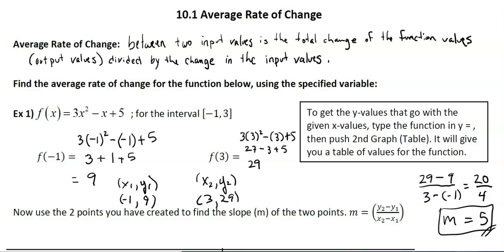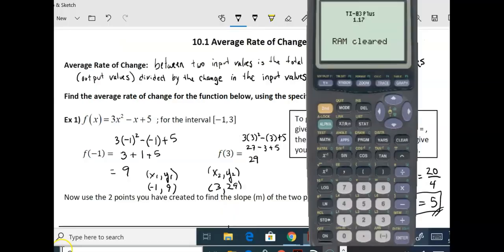Alright, let me show you how we would do this on a graphing calculator. So we get our graphing calculator out here, we hit this button y equals, and we would enter in the equation, or the function that we have. So we've got 3x squared minus x plus 5.